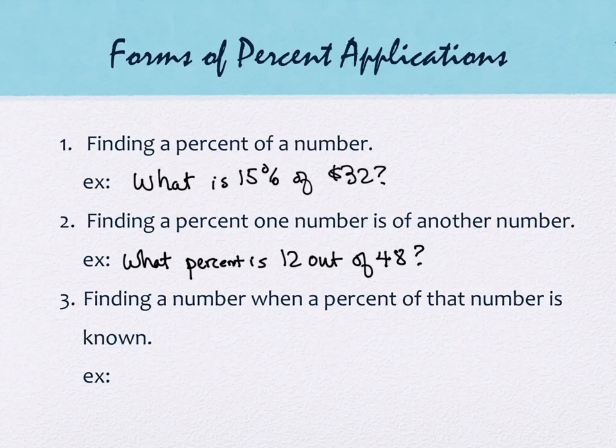And the last one is finding a number when a percent of that number is known. So let me write down my example and then I'll explain it a little bit. 13 is 45% of what number?